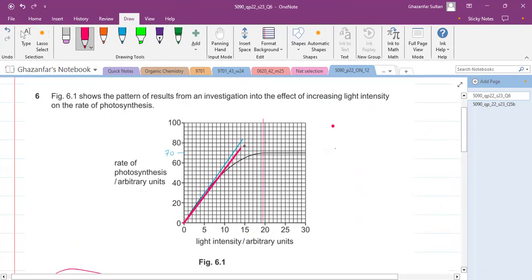It goes to the higher point from 19. This is 19. And then you make it straight.